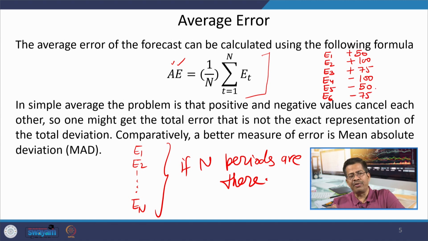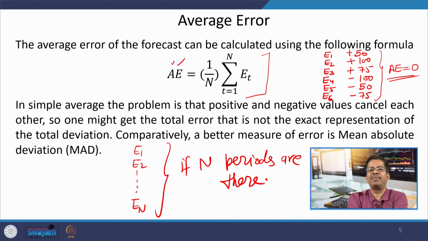So, these are the forecasting errors of individual periods, and when you take average of these, it will come out to be 0.